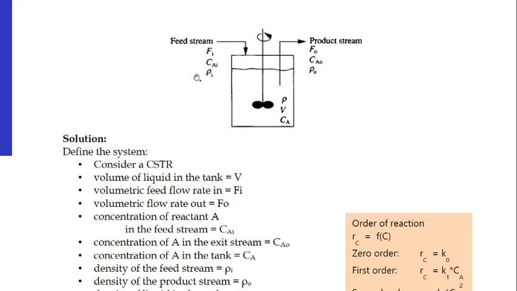When I'm considering the total balance, keep in mind that the reaction is within; it's not an exit. So reaction doesn't come into the picture when you do an overall balance. The reason is, when I say overall, the reactant A is a part of that particular system, and product B is also part of the stream.